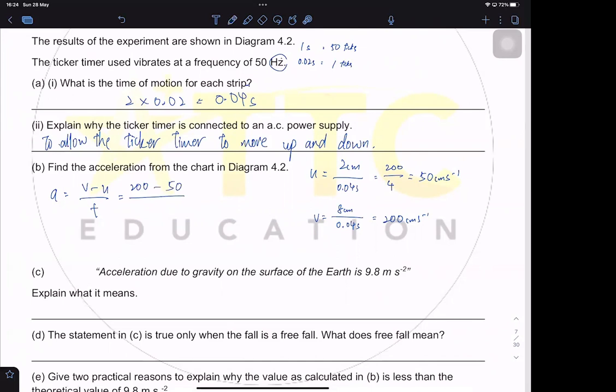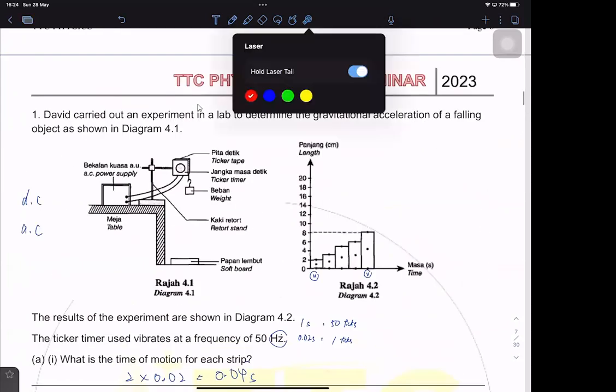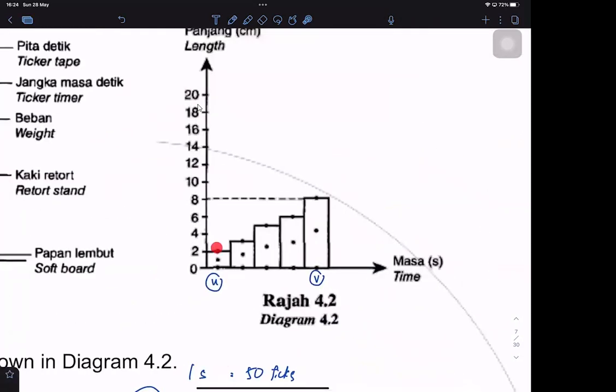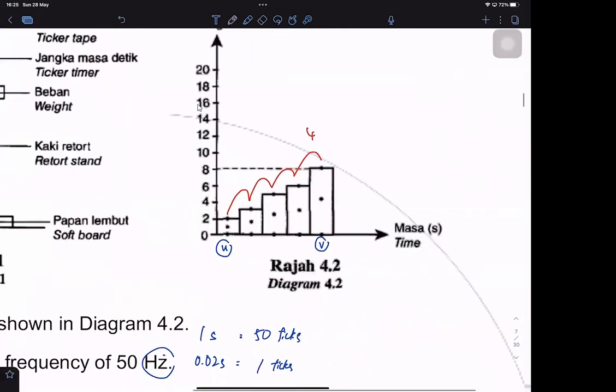Time taken for this is when you go from initial to final. Let's see how many times you jump. This is 1, 2, 3, 4. It's 4 jumps, right? But remember, every building you jump off, you are not jumping off just 1 only, you are jumping off 2.